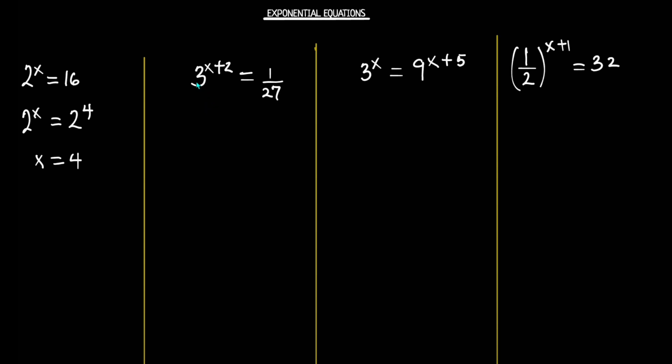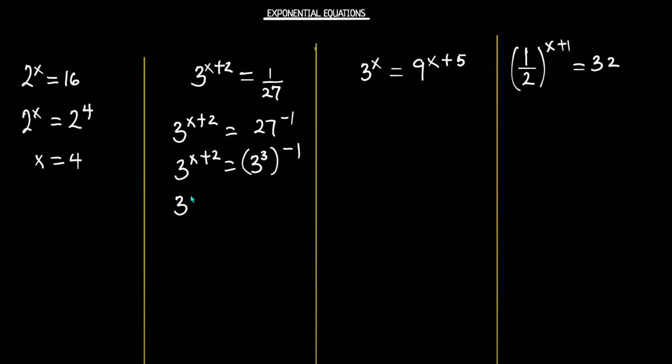Moving on. 3 raised to the power of x plus 2 equals 1 over 27. This will first be written as 3 raised to the power of x plus 2 equals 27 raised to the power of negative 1, and 3 raised to the power of x plus 2 equals 3 raised to the power of 3 multiplied by negative 1.